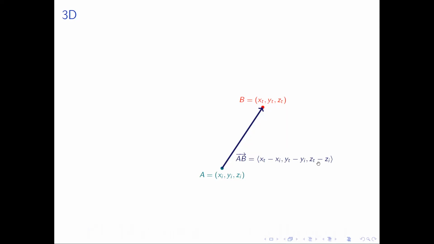So again, we have 3 components because it's 3D. x sub t minus x sub i is the first component, y sub t minus y sub i second, z sub t minus z sub i is the third component. We put this in angled brackets again to show it's a vector. And then the other presentation is AB with a vector on top.